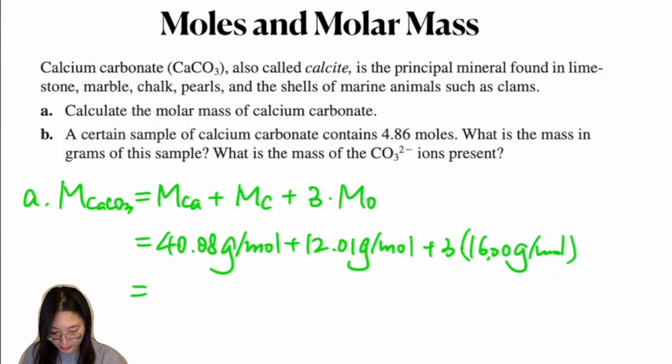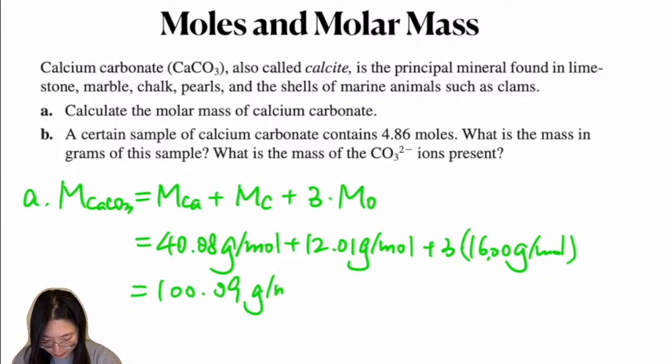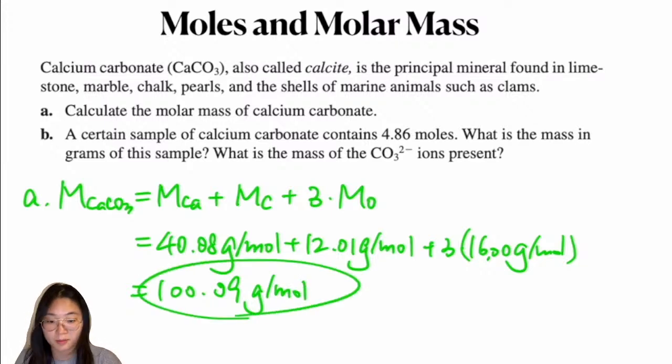And then I get 100.09 grams per mole as the answer. This is the molar mass of calcium carbonate.